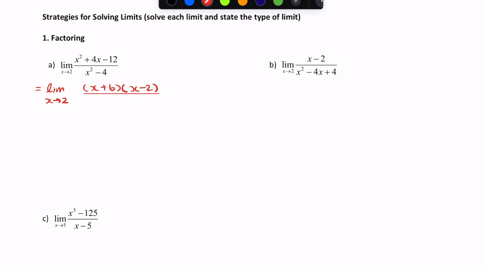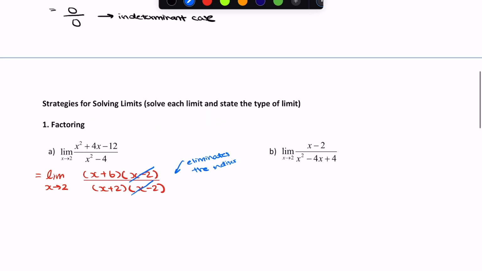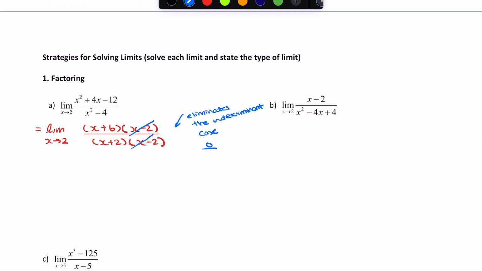The bottom is going to be a difference of squares, which will give us x plus 2, x minus 2. Here we see that we can cancel out the x minus 2, and this eliminates the indeterminate case of 0 over 0.